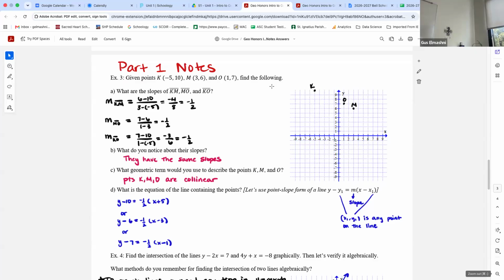If you already have your slope, you can use any of the three points provided as x1 and y1. Remember, it's y minus y1 equals m times x minus x1. Any of those are valid. If you did write slope-intercept form, it's fine. I think you would have had y equals negative 1/2 x plus 7.5, if I'm not mistaken. All right, let's keep on moving.